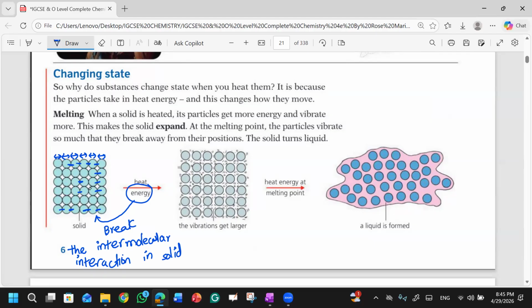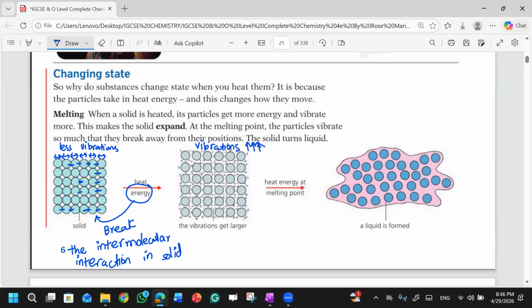And once there is breakage in the bonding, what will happen? There will be slightly more vibration. Initially in solids, we say there are very less vibrations. But when you heat it, the bond will break, and as a result of this bond breakage, the vibrations will increase.